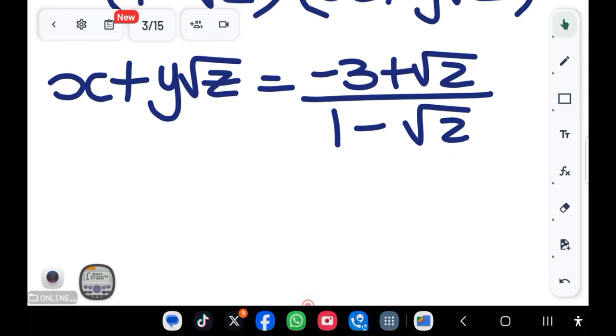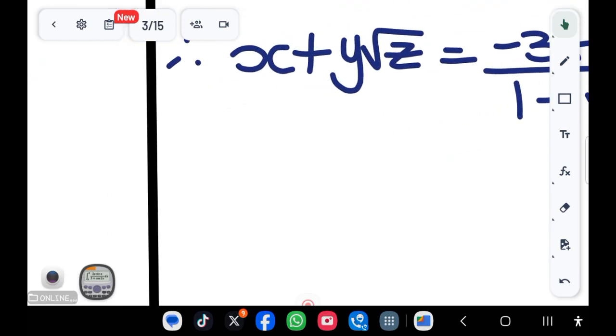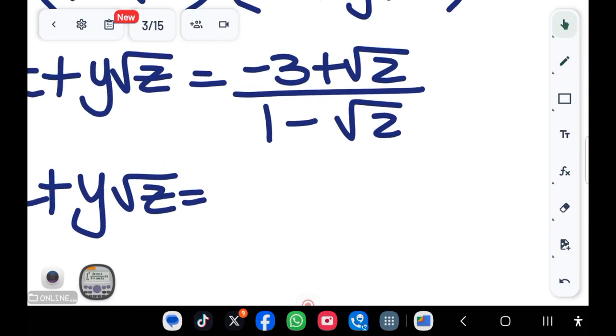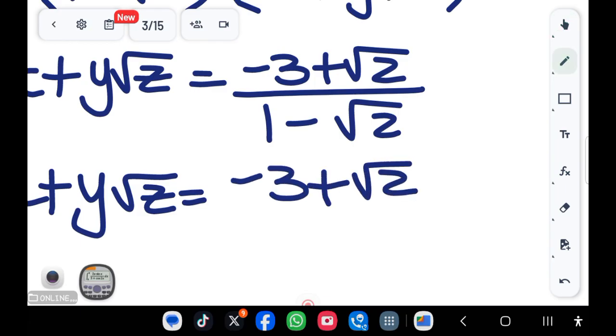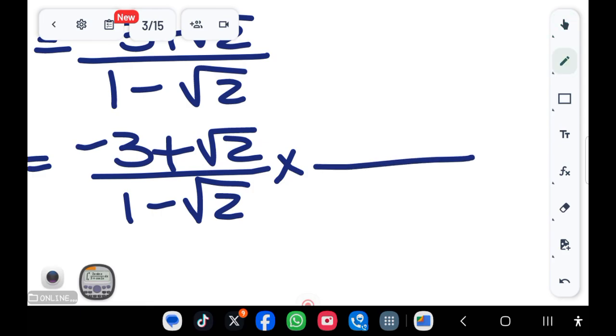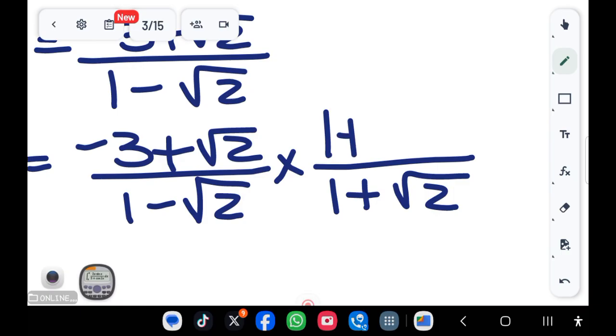Now the next step is to rationalize this denominator. So we go x plus y root z equals to, when we rationalize, we multiply the denominator and the numerator by a difference of two squares type of situation. So to match the denominator that we want to rationalize, we must multiply it by a difference of two squares type of factor.